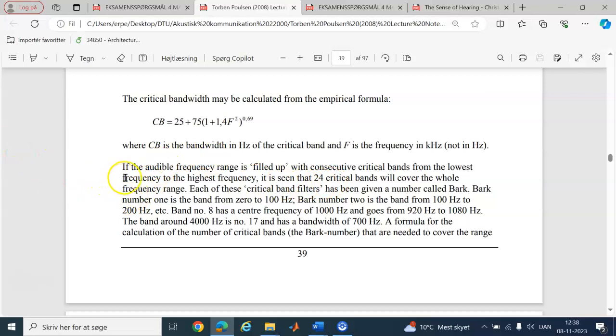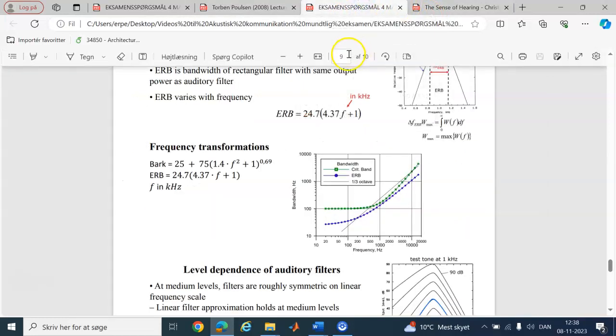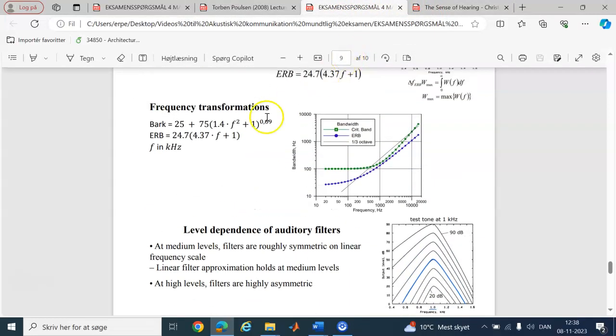So there should be 24. I don't know why, but this is the number of critical bands covering the whole frequency range. I will not go too much into it. The green one is the bark, the blue one is the ERB, and the 1/3 octave is this line here.